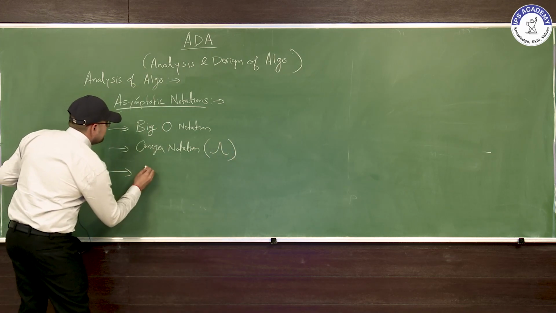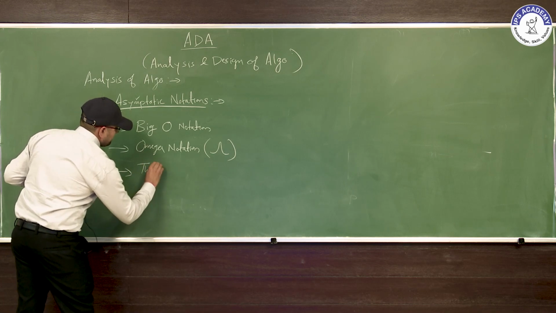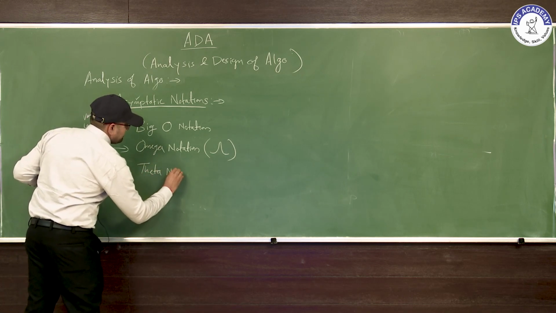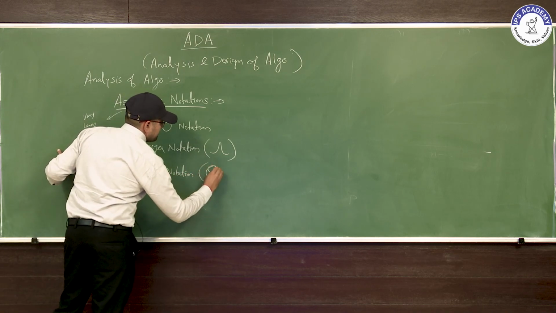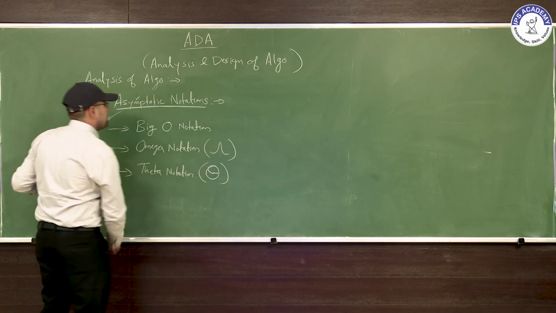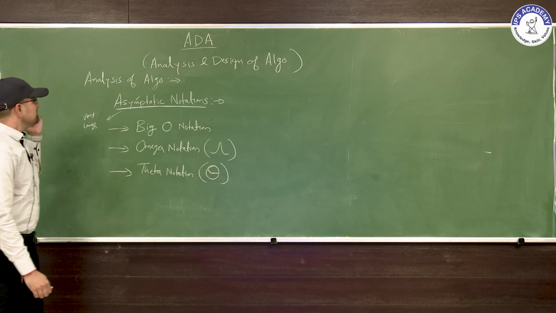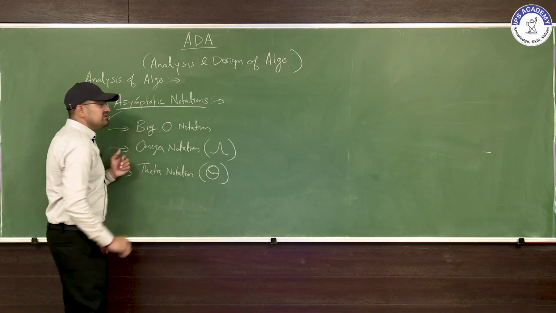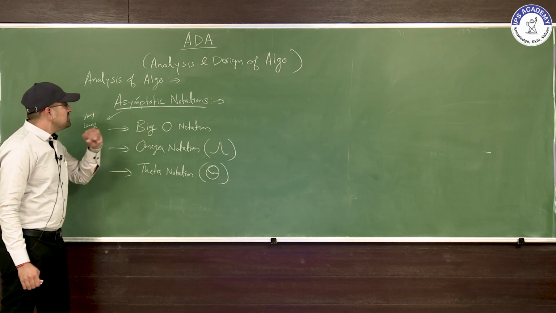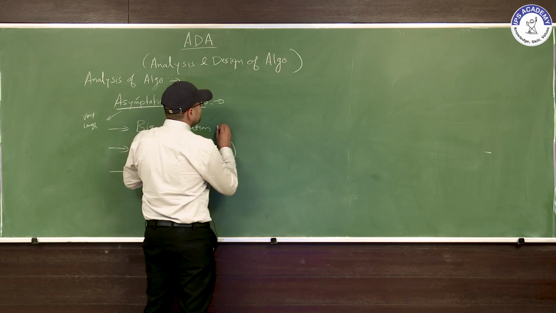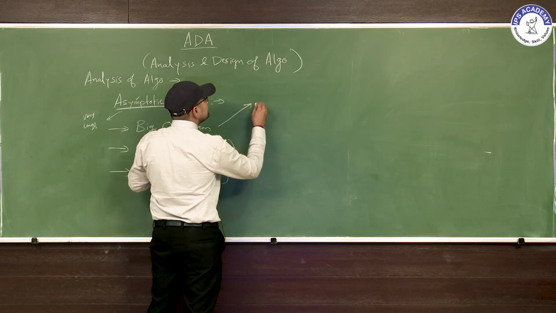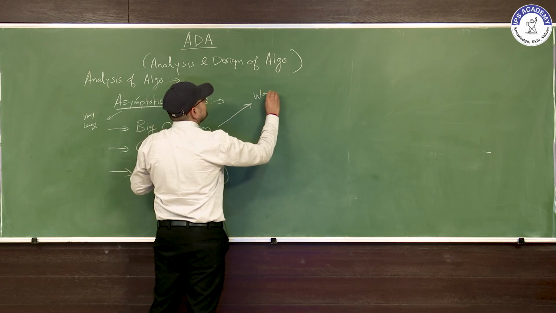Number three, theta notation. One by one, we will understand the things. Now, first we talk about the big O notation. Big O notation is used for worst case analysis of an algorithm.